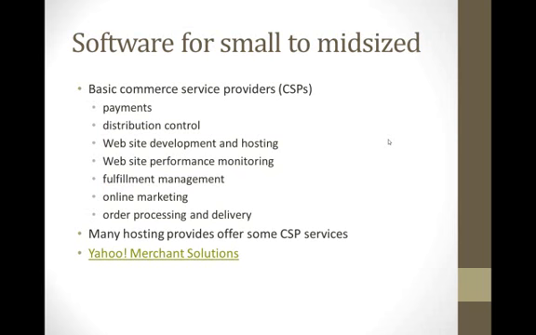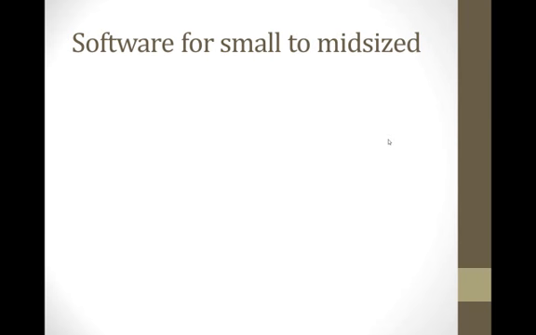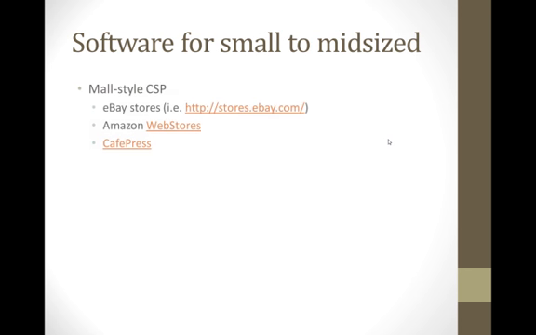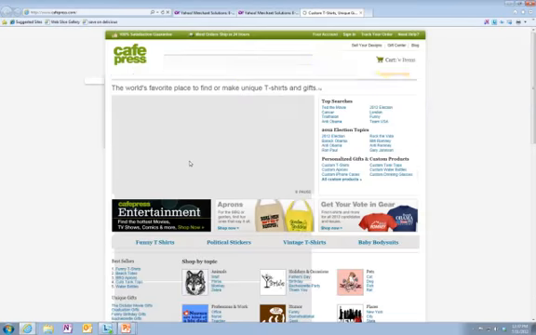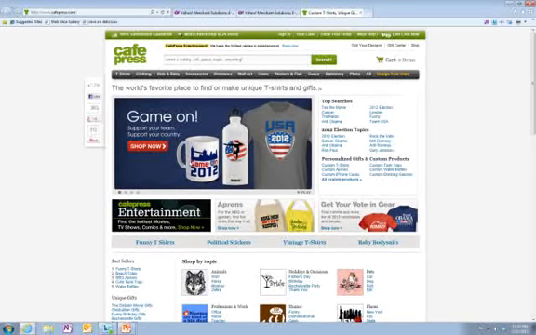All right. So what else for software for small and mid-sized? Well, there's also the mall-styled content service providers, such as what you get from eBay stores, Amazon web stores, and even Cafe Press. So Cafe Press is a very unique little website where you can design your own products, like they're showing here.